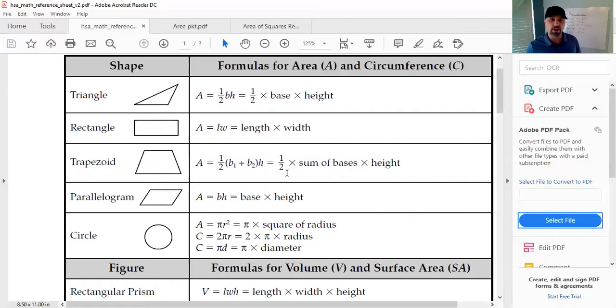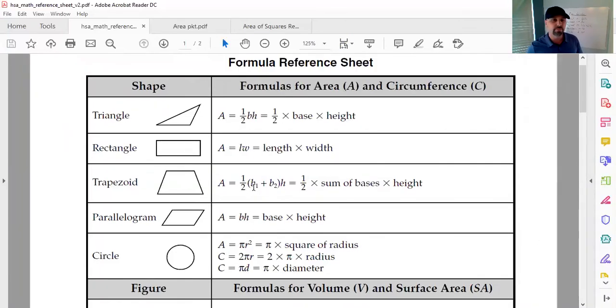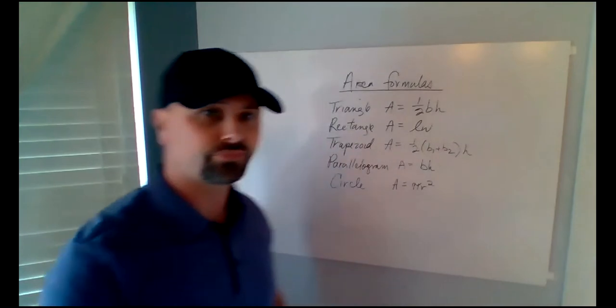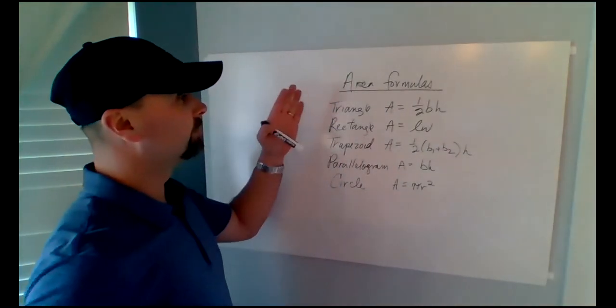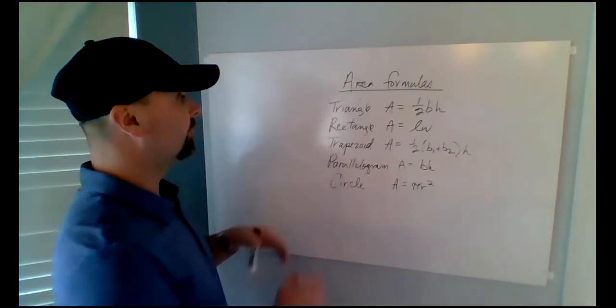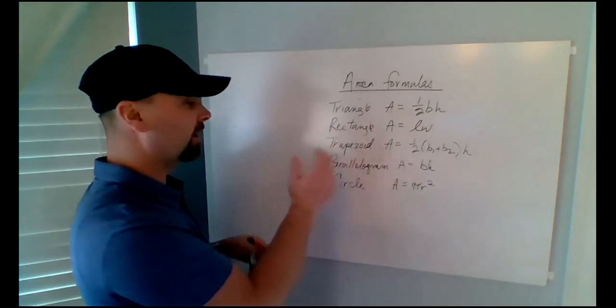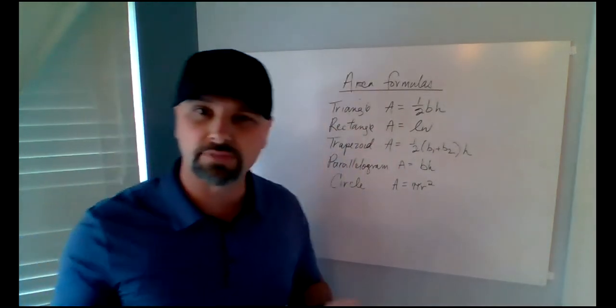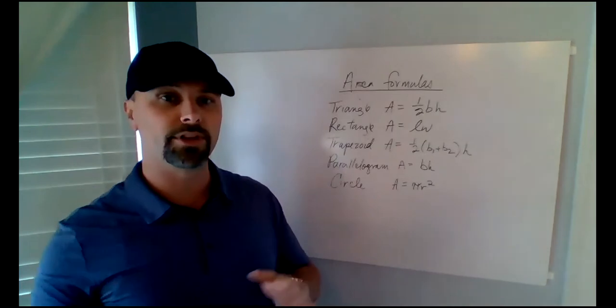All right. So as you're doing these problems, you might want to reference this sheet. Okay. So triangle, rectangle, trapezoid, parallelogram, circle. I don't think you're going to have to know any other area formulas.